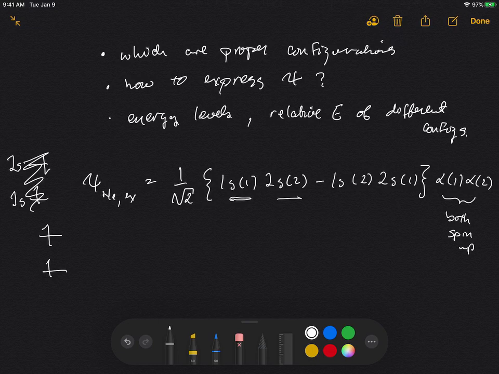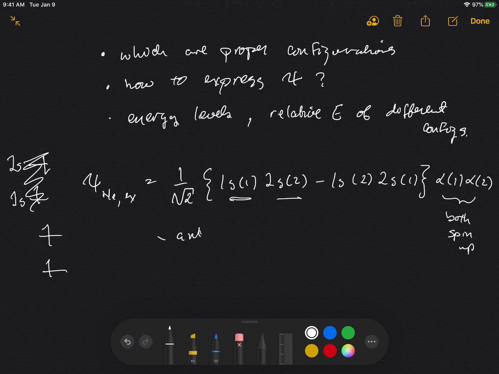In other words, if we swap the labels, right, if we apply that exchange operator that we talked about, then it will change the sign of the wave function. So overall, when we change all of these labels for the product of the spatial part and the spin part of the wave function, we get a net wave function that's anti-symmetric with respect to exchange of the electron spin labels.